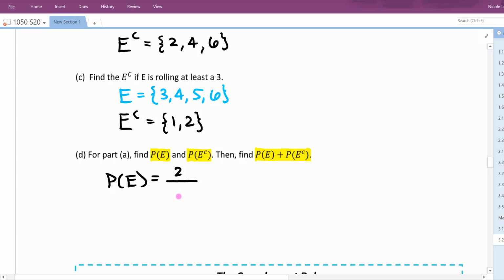And then remember, the denominator for probabilities is always the total. So this will just be 6.